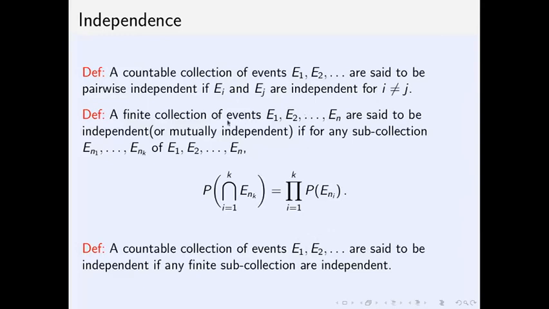So what is the meaning of independence in the case of a finite collection of events? The meaning is that if I take any sub-collection of events from E1 to En, which I denote by En1, En2, up to Enk, then the probability of the intersection equals the product of the probabilities of the individual events.